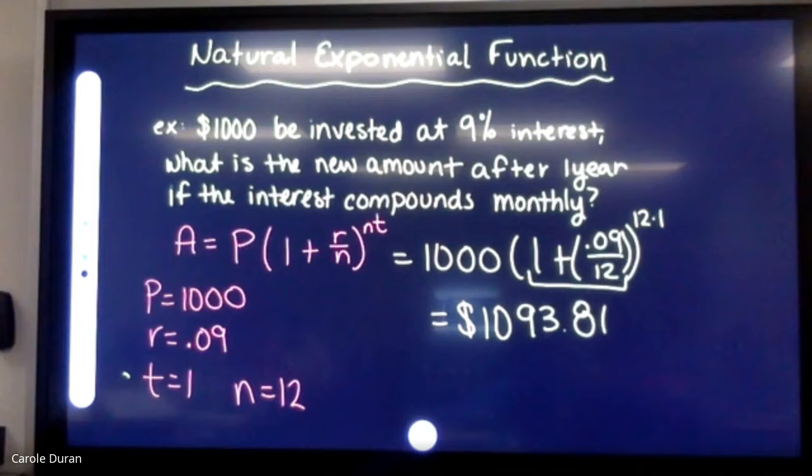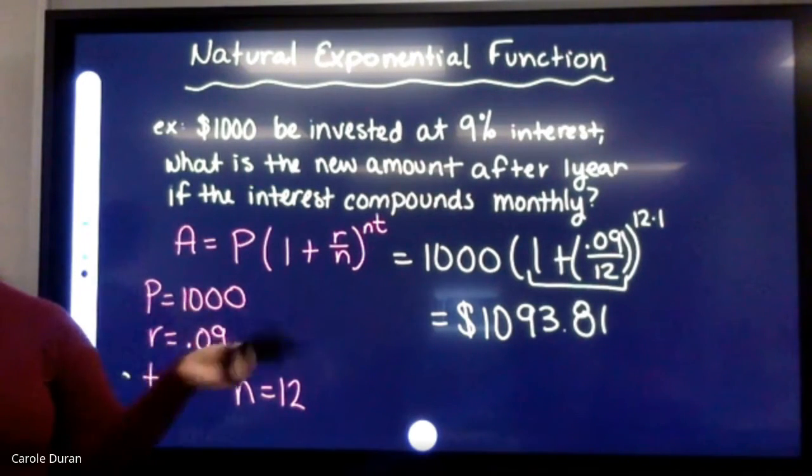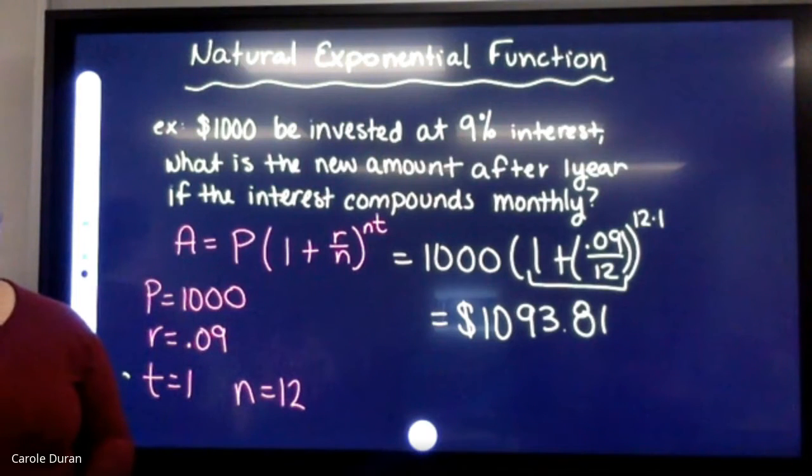What if I wanted to compound the interest every single day? I would like you to find out the amount I would have after 1 year if I took interest every day. If I'm taking interest every day, what's my N value? 365. Let's just assume it's whole numbers.